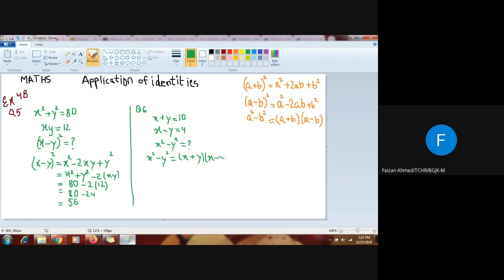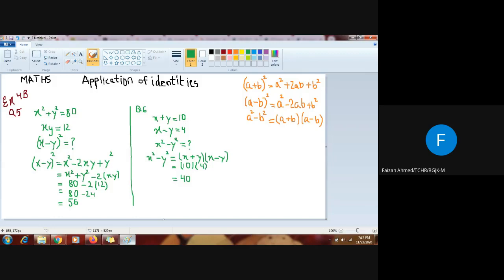This is basically the third identity, and I have the values. I have the value of x plus y, that is 10, and I have the value of x minus y, that is equal to 4. So I just need to multiply 10 and 4, and the final answer will be equal to 40. So this was the question on the application of identities, and I used the identities.